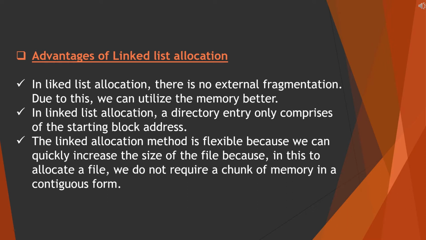In linked list allocation, a directory entry only comprises the starting block address. The linked allocation method is flexible because we can quickly increase the size of the file, because to allocate a file, we do not require a chunk of memory in a contiguous form.